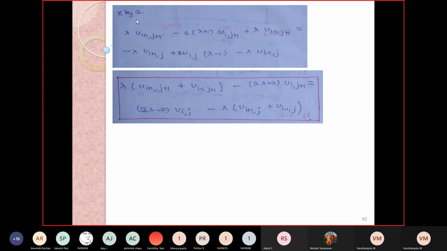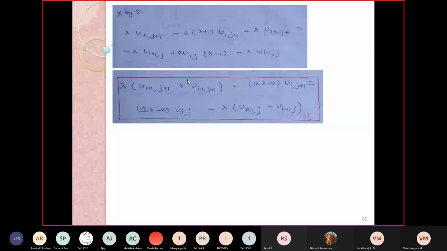Here, lambda into u(i+1, j+1) plus u(i-1, j+1), minus (2 lambda plus 2) into u(i, j+1), is equal to (2 lambda minus 2) into u(i, j) minus lambda into u(i+1, j) plus u(i-1, j). Now, what we did: here we have lambda, and here also we have lambda, therefore from these terms I am taking lambda out.